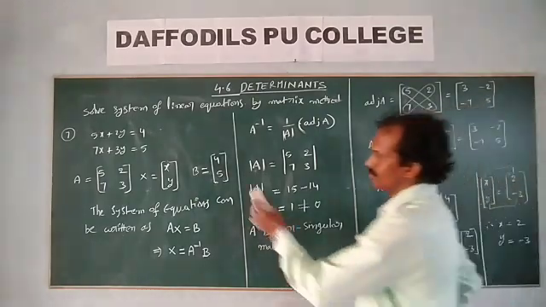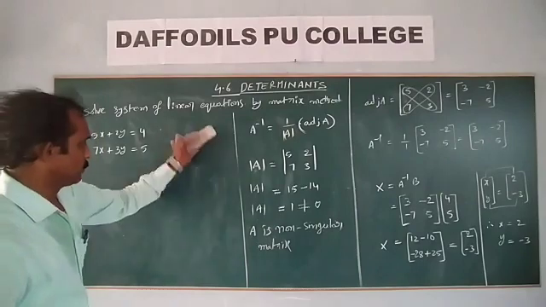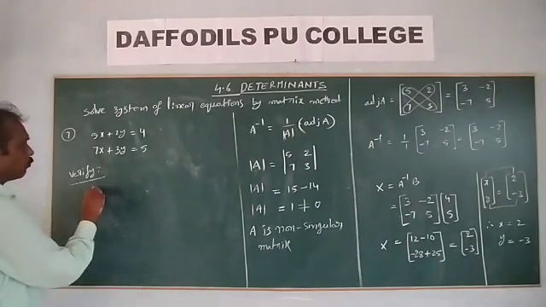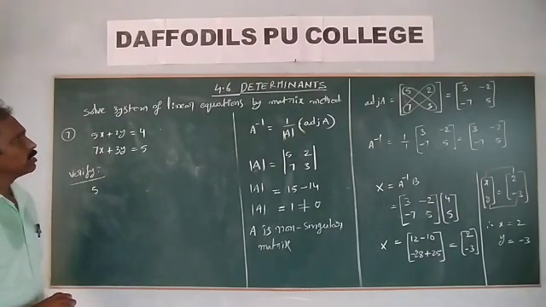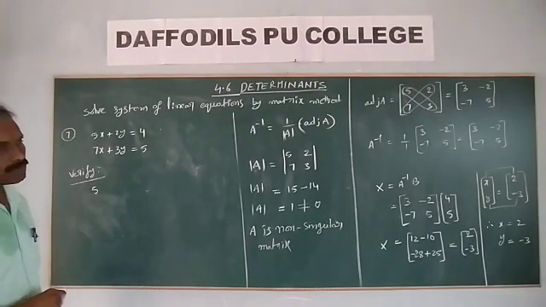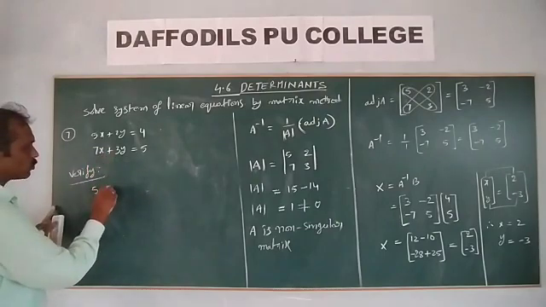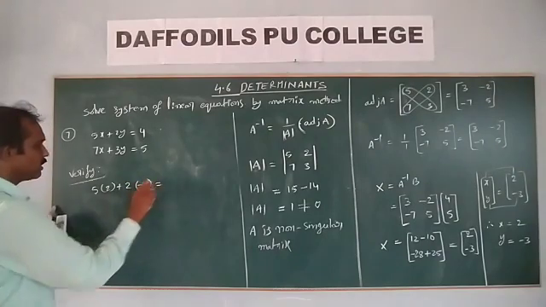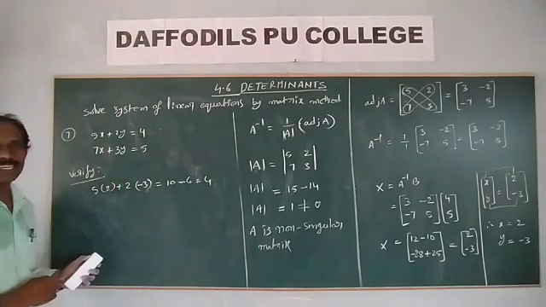Just to check. Verify: both the equations must be satisfied, then only the x and y values are correct. For the first equation, 5 times x value 2 plus 2 times y value minus 3: 5 2's are 10, 2 times minus 3 is minus 6, which is equal to 4. RHS satisfied.